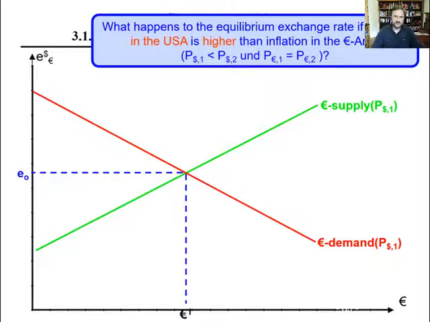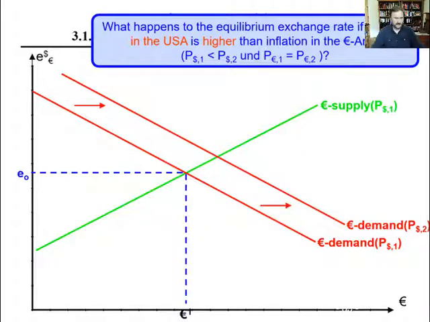If goods in the United States become more expensive, Americans will try to buy more goods in the euro area, where prices are now cheaper. Consequently, the demand curve for euro shifts upward or to the right.